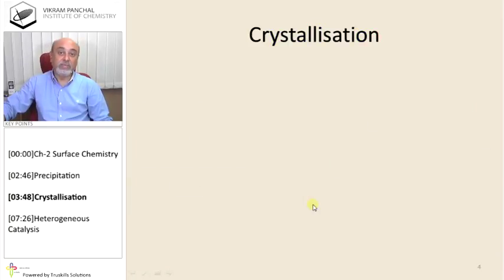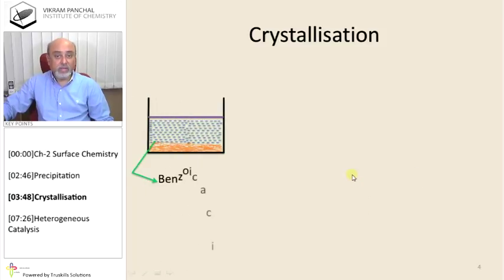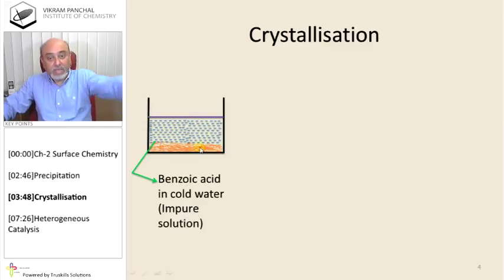Second is crystallization. Crystallization is a very interesting technique which you can do in the laboratory. Take a beaker or test tube and take benzoic acid. This is pure benzoic acid, in powder form, and it is solid. It is insoluble in water.